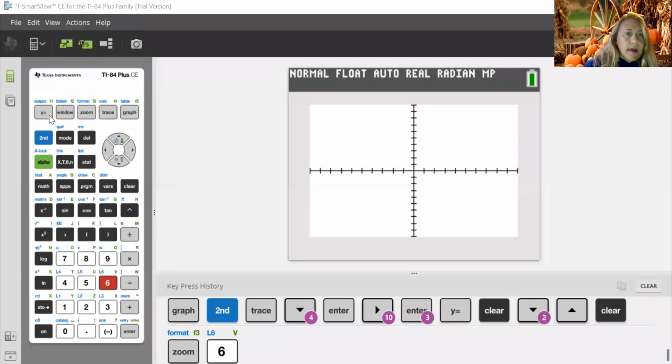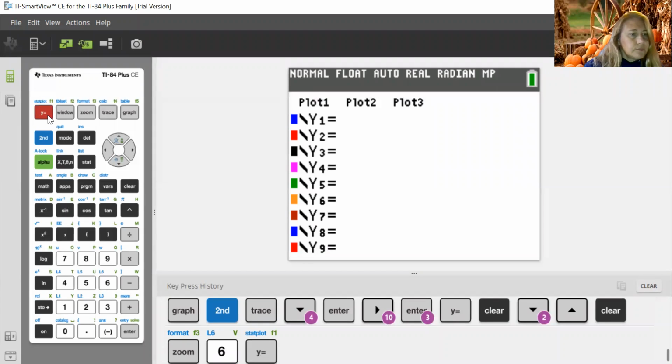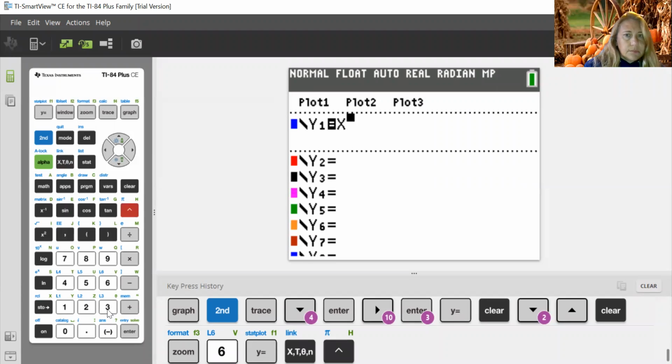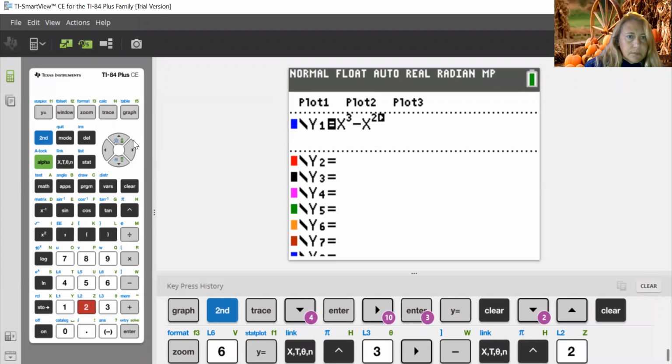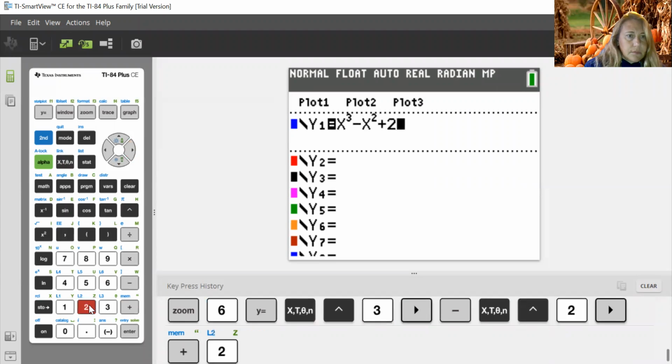So if I go back to my graphing calculator and type this in, okay, go to graph.